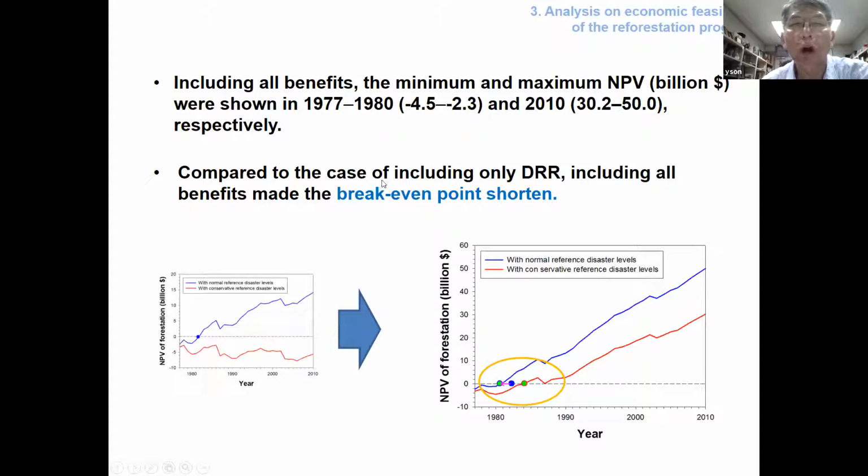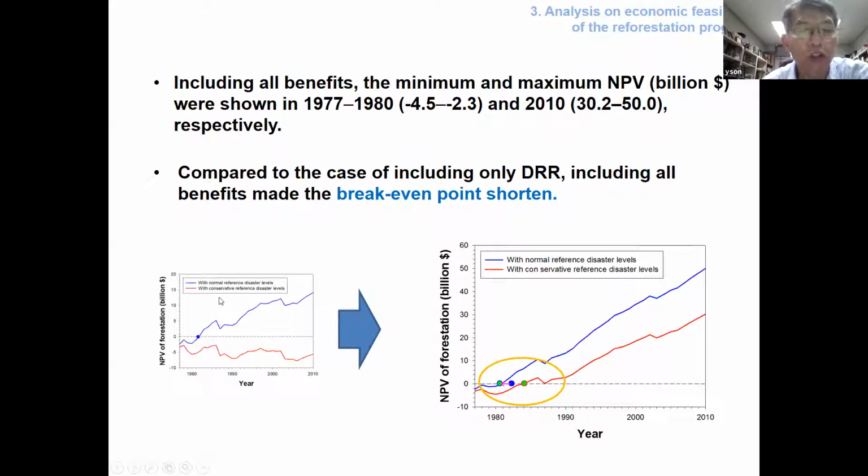Compared to the case of including only DRR, including all benefits makes the break-even point earlier or shorter.